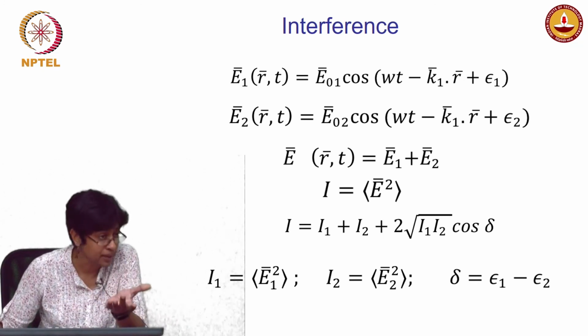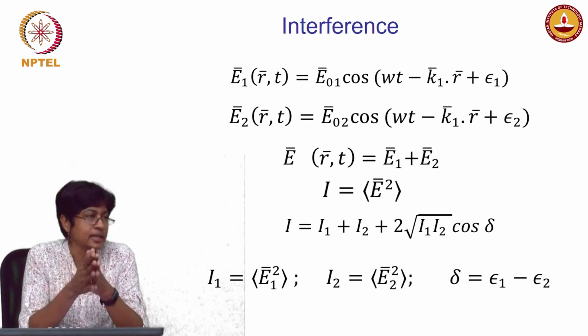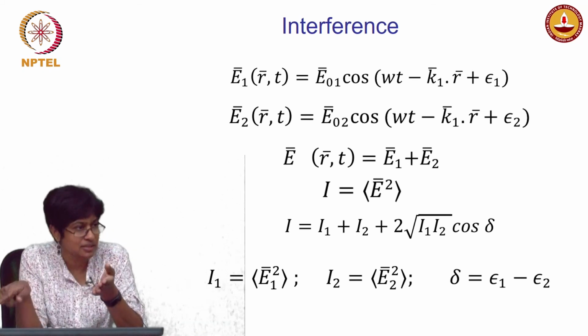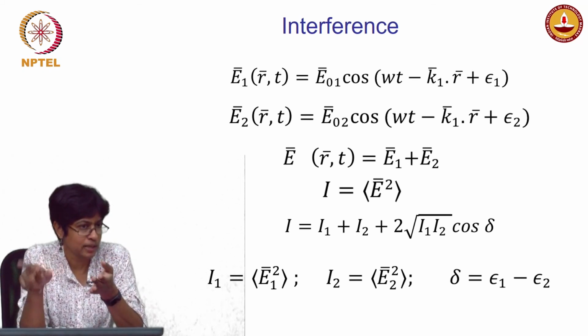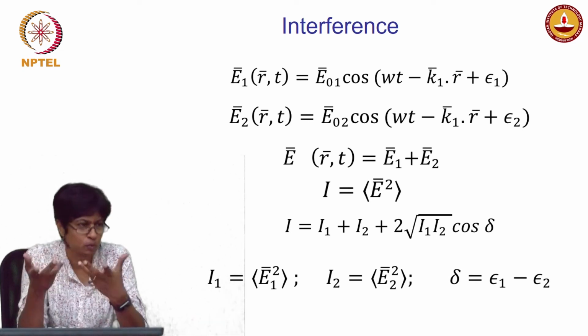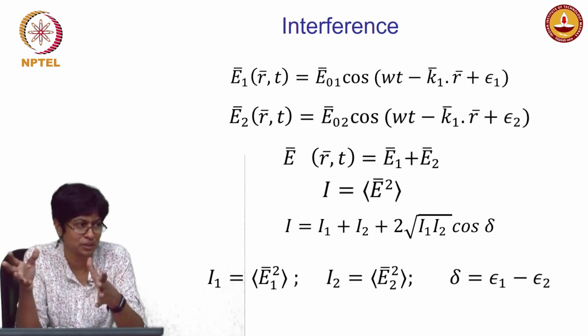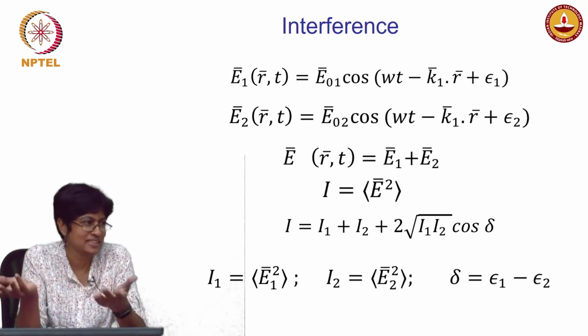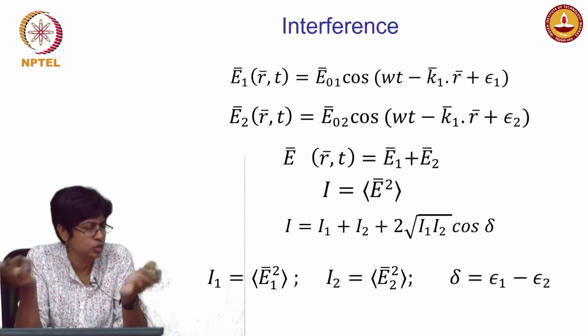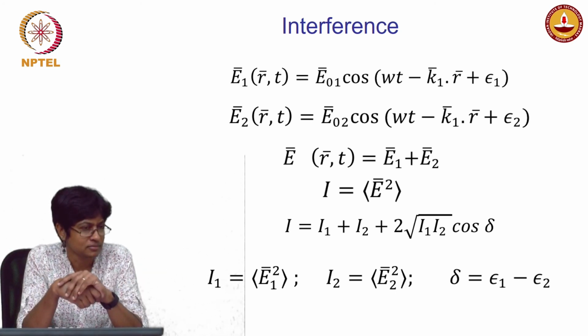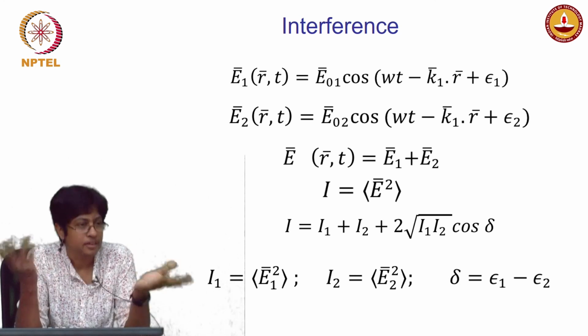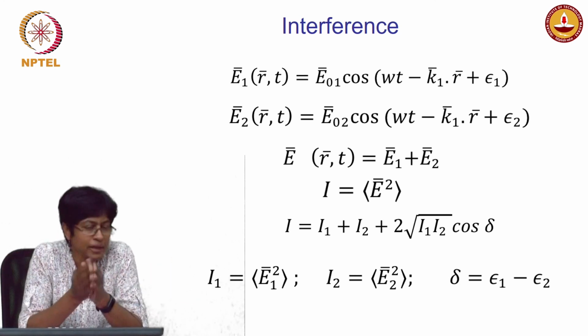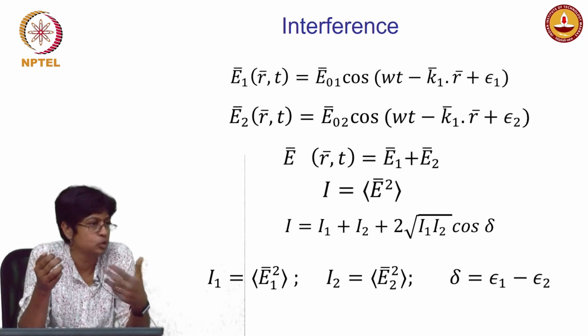Now, when I say path, that means we are taking into account the distance it has travelled as well as the same question that I ask you again and again in every topic: is distance the only thing that matters? The refractive index.